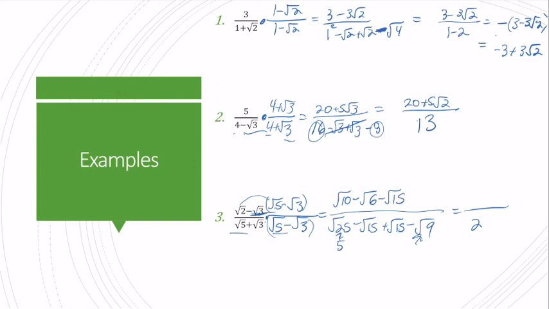Negative 3 times a negative 3 gives me a positive 3. So my final answer is 3 plus the square root of 10 minus the square root of 6 minus the square root of 15, and that can't be simplified any further, all over 2.